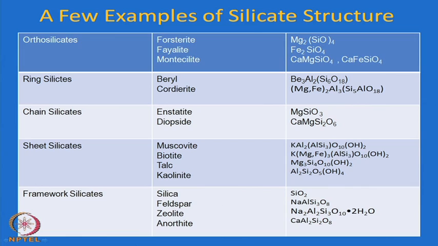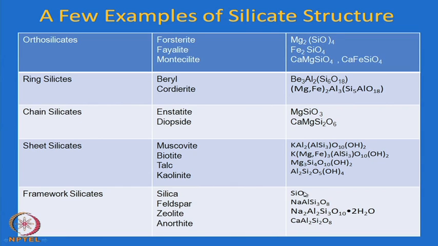So, zeolites have very peculiar and important crystal structures, with pore sizes or channel sizes which can be adjusted by changing the composition and the structure, and one can use them for many different industrial purposes. Zeolites are another important member of the silicate family, and the last one is anorthite, which is calcium aluminum silicate.